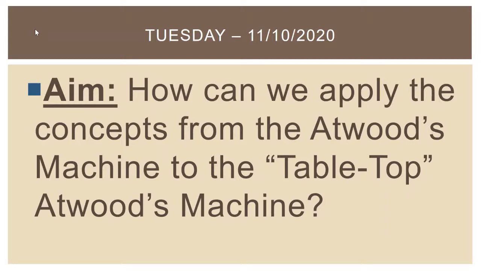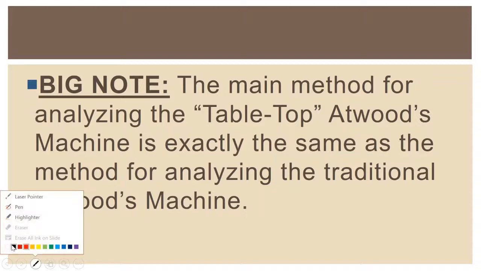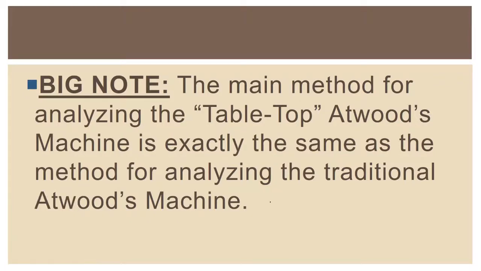We are going to draw a diagram of the forces. We are going to make up an equation. And then we are going to use those equations to solve for whatever we are asked to solve for. And because that's like the whole ball game here, that's our first note of the day. The main method for analyzing the tabletop Atwood's machine is exactly the same as the method for analyzing the traditional Atwood's machine. And just so we're all clear about it, we'll write it right here.